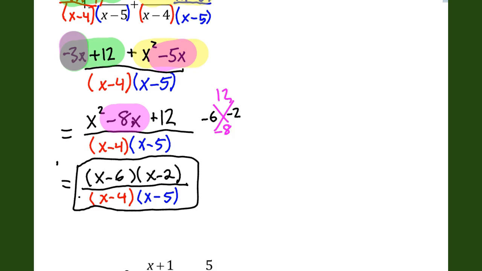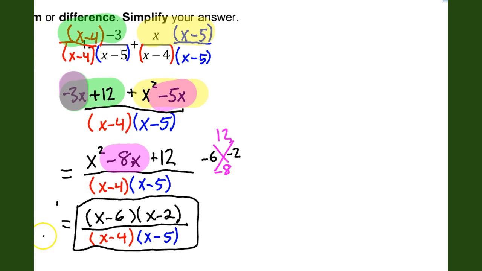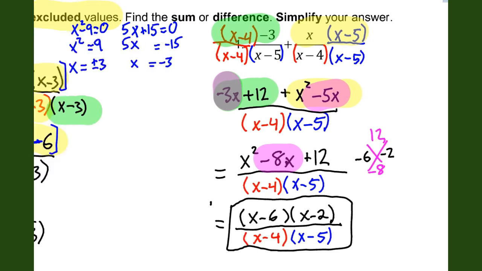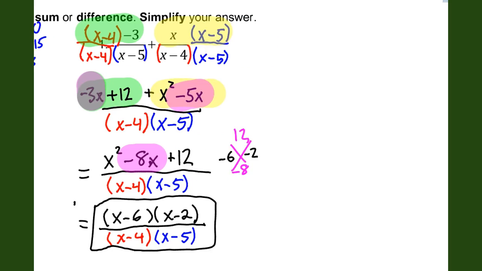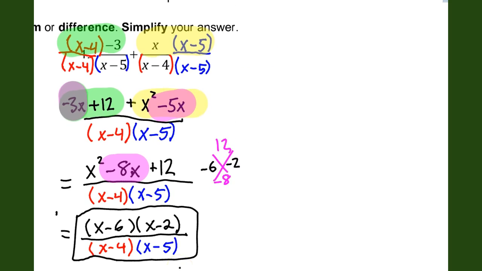Now we didn't do the excluded values yet, so look at each one of these. What makes each one of those equal to 0? So for here, negative 4, right?